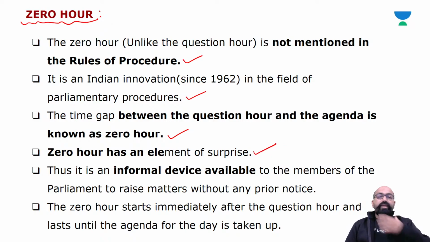Thus, it is an informal device available to the members of parliament to raise matters without any prior notice. And the Zero Hour starts immediately after the question hour and lasts until the agenda for the day is taken up.